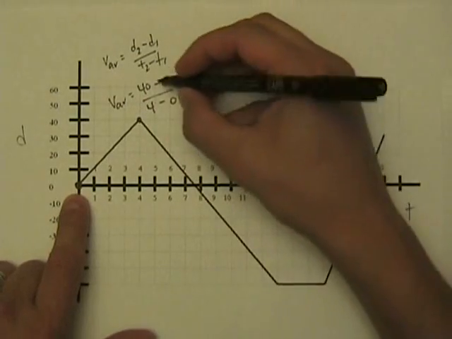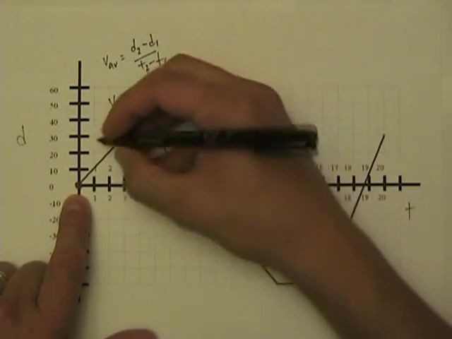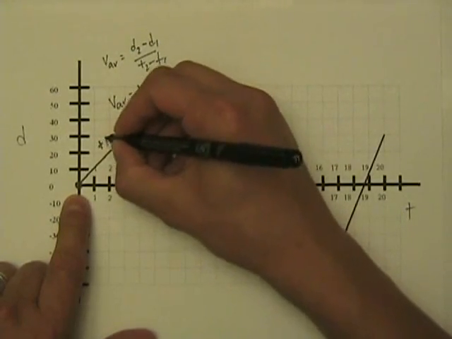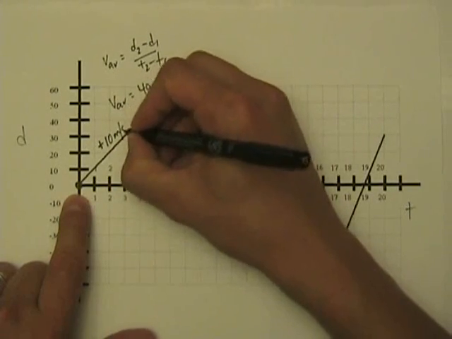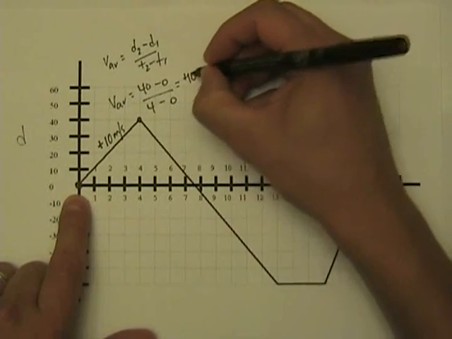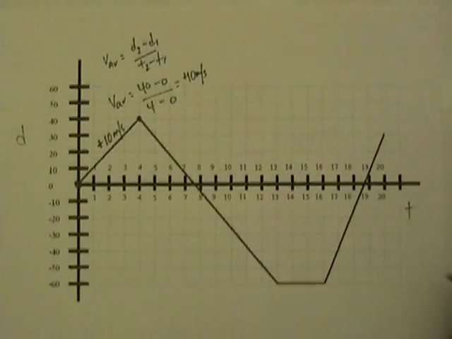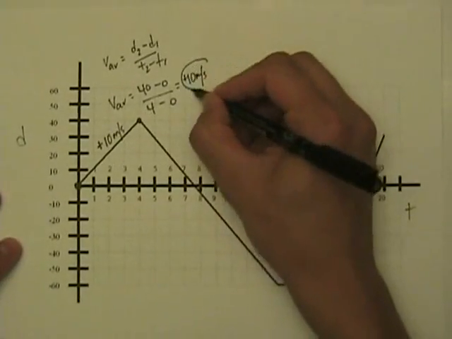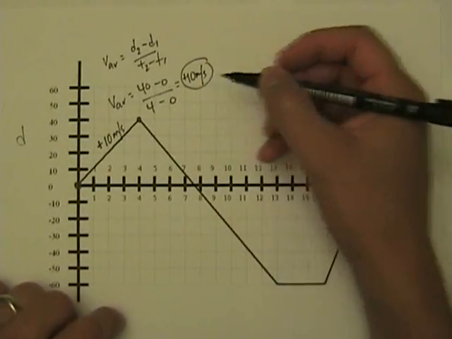So for this first one, your average velocity is going to be 40 over 4, which is positive 10 meters per second. Okay, so that's your first average velocity for 0 to 4.